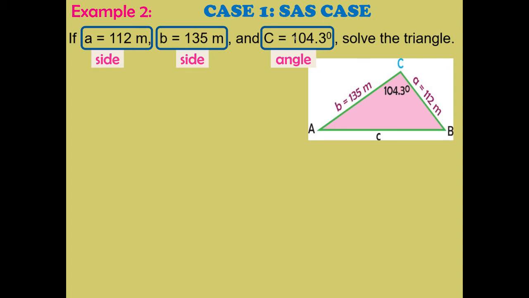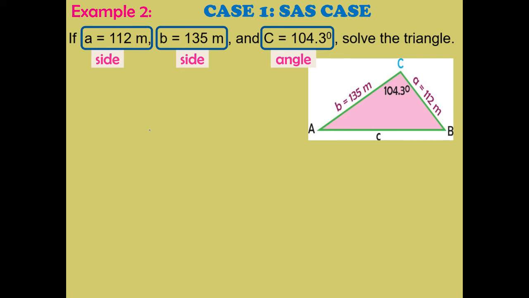So this falls under the SAS case, and therefore we can use the cosine law. In this example, C is the included angle because angle C is the angle formed by the two sides A and B.